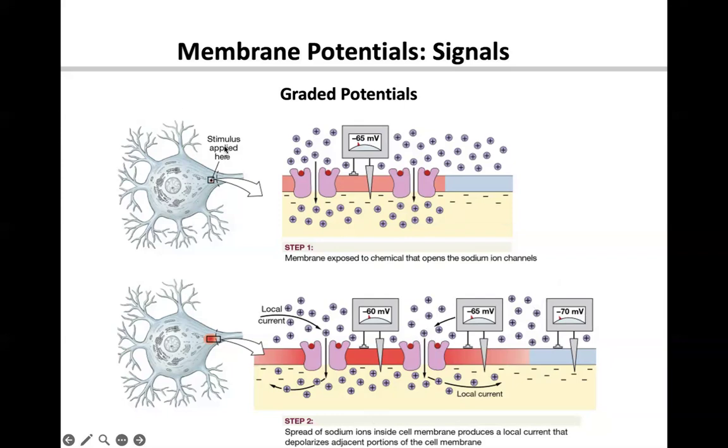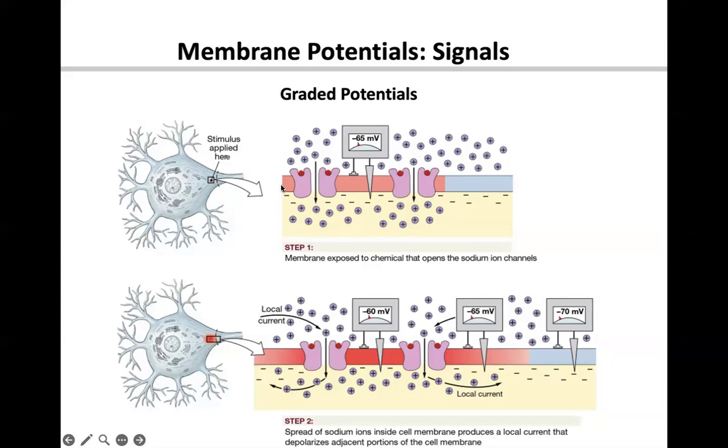Now, one important thing to see here is that these are dendrites, and these dendrites are receiving information from another neuron. It can be pressure, it can be neurotransmitters, and the stimulus can be very local at one point and die out.